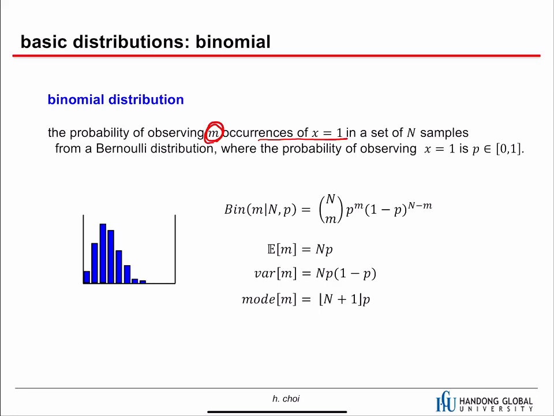In this distribution, we have n and we have p. P is the probability of head, okay? We tossed n times, so what is the probability that we get m times head? In that case, out of n, we need m times head, so we have to multiply this from the Bernoulli distribution. And the expectation is quite trivial, n times p, and the variance is trivial.